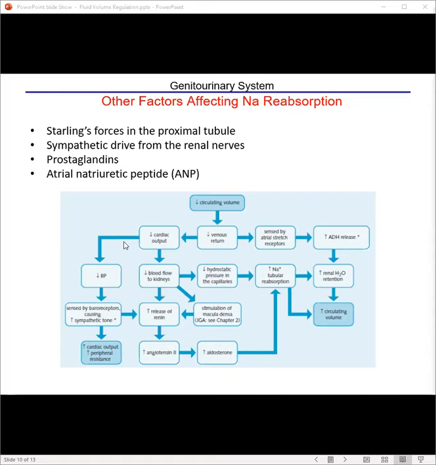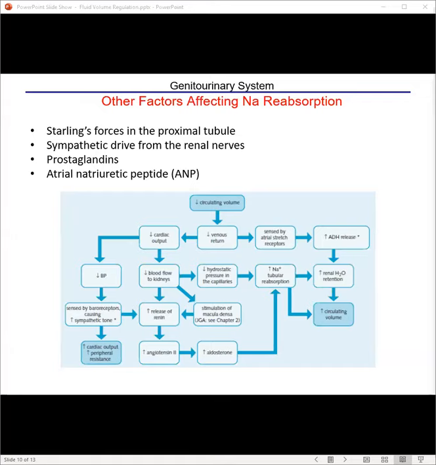So therefore, changes in the body fluid volume will change the plasma hydrostatic and oncotic pressure. So for example, increased sodium chloride intake, so increased salt intake, is mirrored by a rise in your extracellular fluid volume. This in turn will increase your hydrostatic pressure and decrease your oncotic pressure.